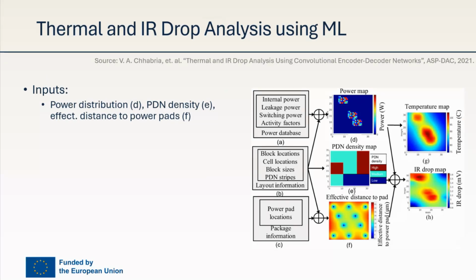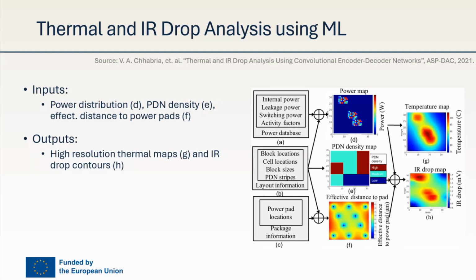In particular, the method takes as input the power distribution that captures the localized and global power dissipation patterns essential for identifying hotspots, the PDN density that represents the granularity and the robustness of the power grid, and finally, the effective distance to power pads that quantifies the resistance between the circuit components that are underneath and the power pads. And the output of the model consists of very accurate temperature and voltage drop maps, providing insight into areas of high thermal stress and IR drop.